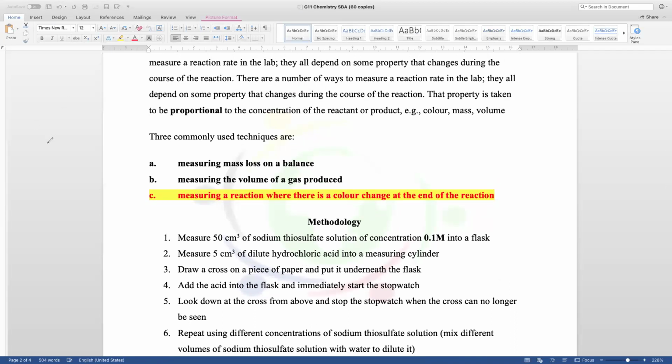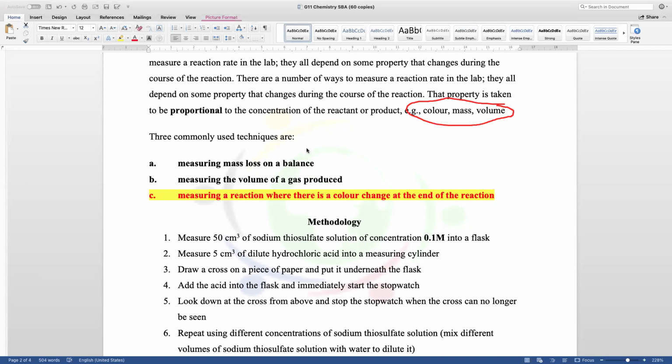Sometimes the change in color is common in soluble salts. During titration, we add the indicator so that the color change is exhibited. So these are some of the things that we expect to see during a chemical reaction.